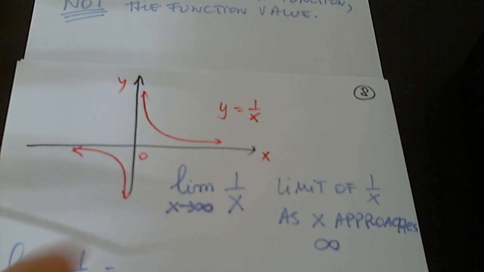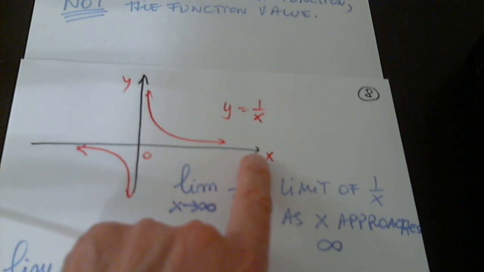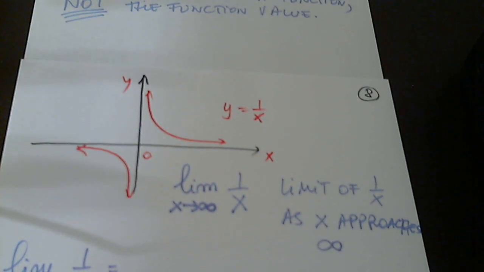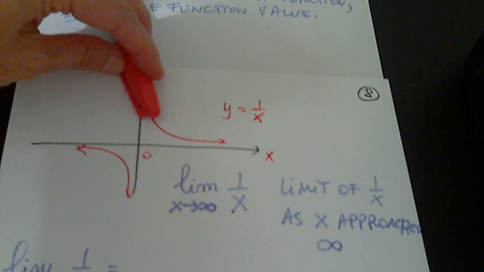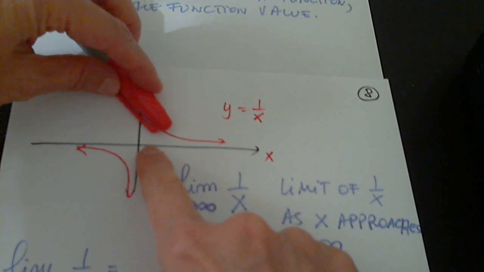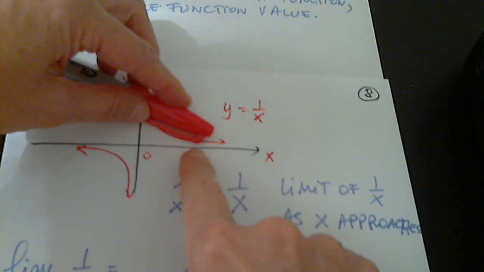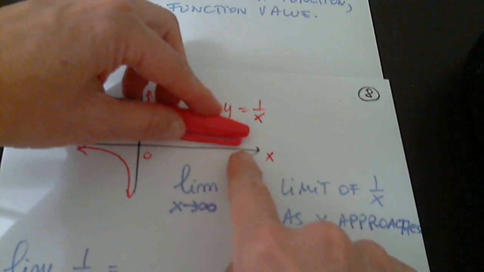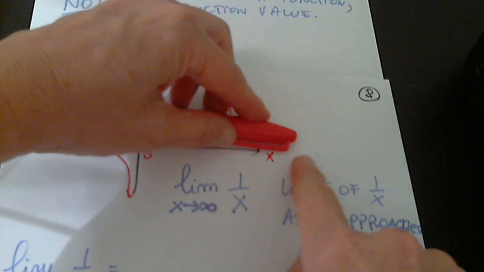X goes this way, and follow the function. The function gets closer and closer to what value?